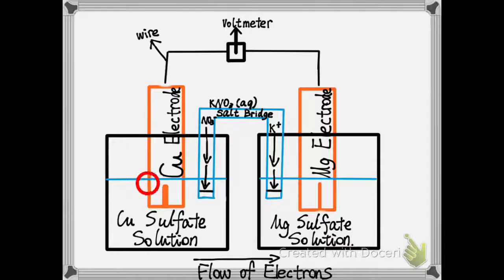The reaction between here, the copper electrode and the copper sulfate solution, is called a half cell.